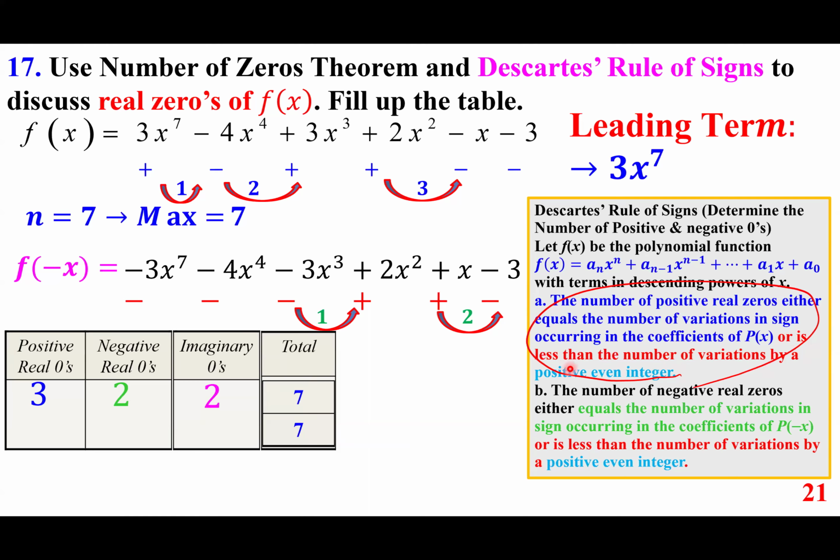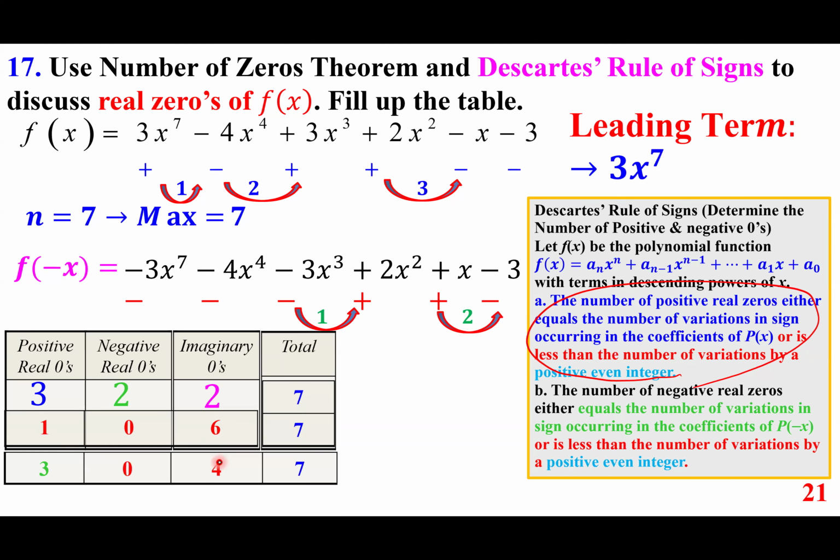Now, the next thing that we want to pay attention to, it says, or is less than the number of variations by a positive even number. The same thing here. So 3 can go down by 2 and becomes 1. 2 can go down by 2 and becomes 0. So if this becomes 1, this becomes 0, this must be 6. Or we keep the 3, and this just goes down to 0, in which case, if this is 3, this is 0, this must be 4.